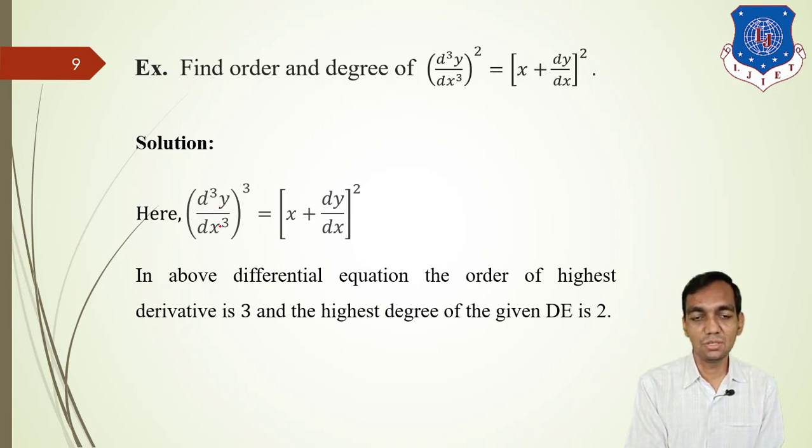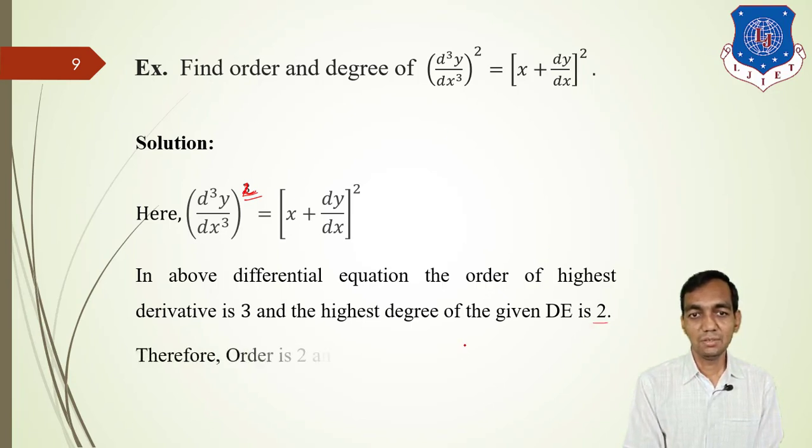That means the order of this differential equation is 3. And the highest degree of the highest order derivative is, sorry, here it is 2. So the degree of the highest order derivative is 2.